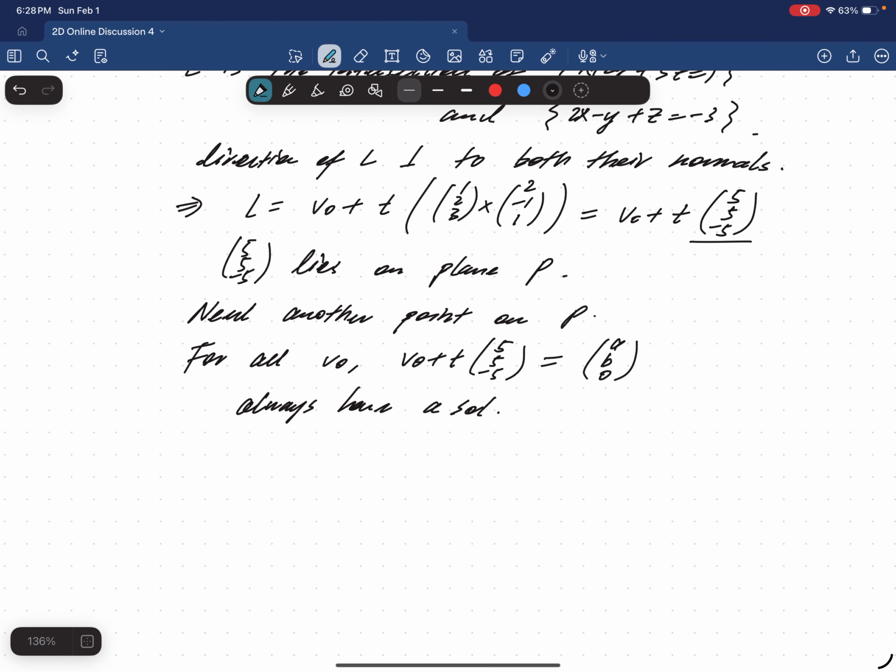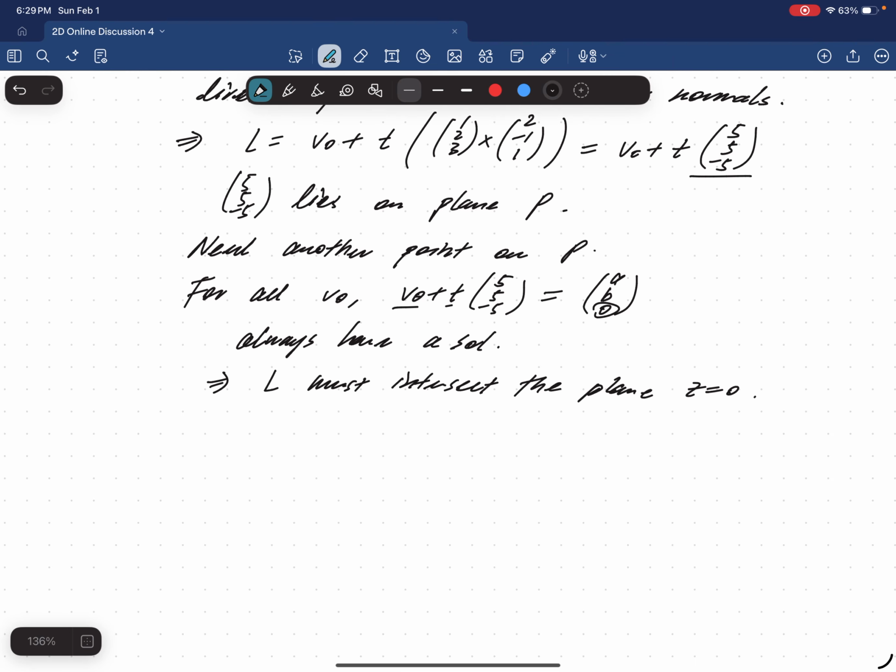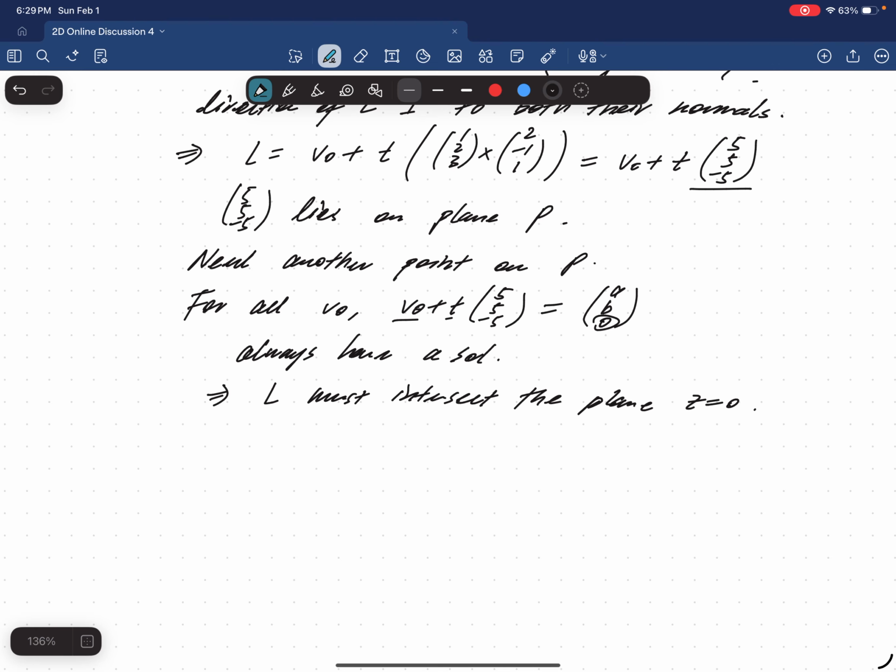It means no matter which V0 it happens to be, I can always find a t such that my last coordinate is 0. So my line must intersect the plane z = 0.